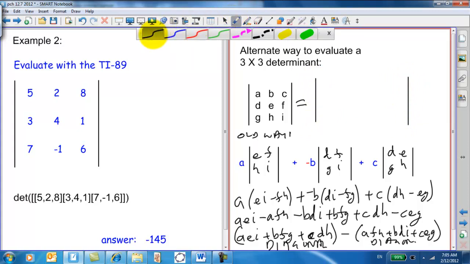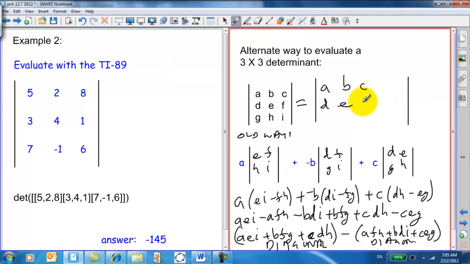I'm going to put in original matrix A, B, C, D, E, F, G, H, I, but then I'm going to repeat the first two columns, A, D, G, and B, E, H. So now we can look at this as a bunch of diagonals.